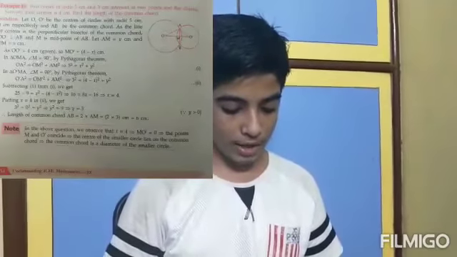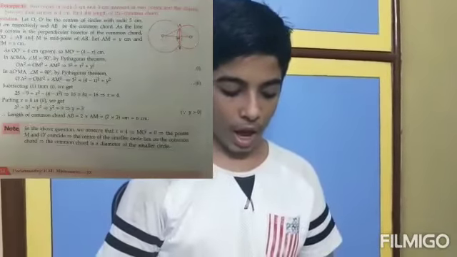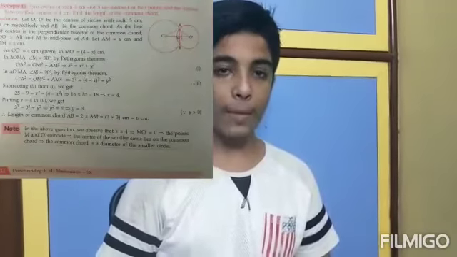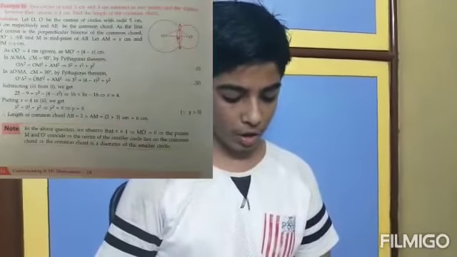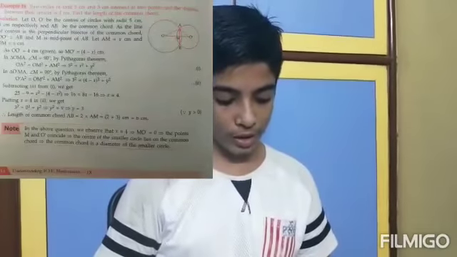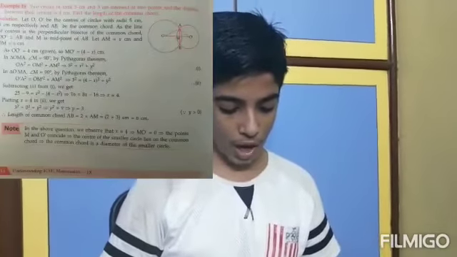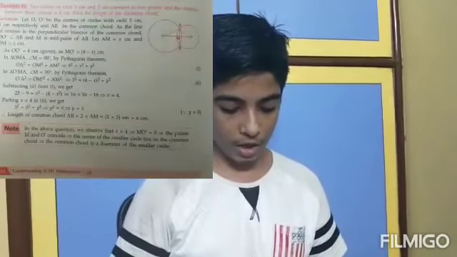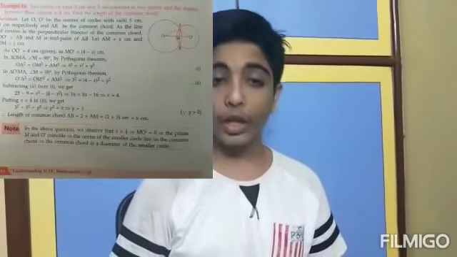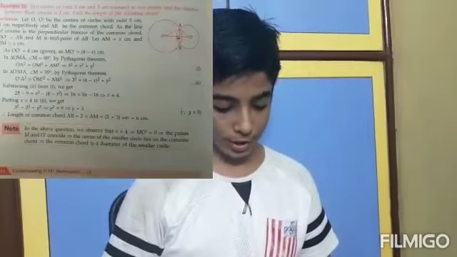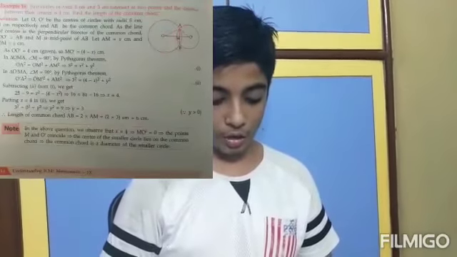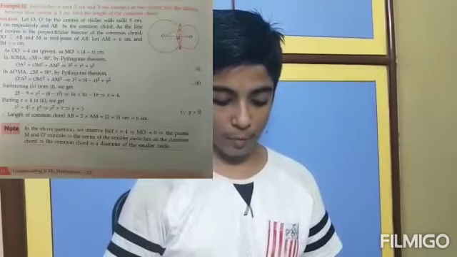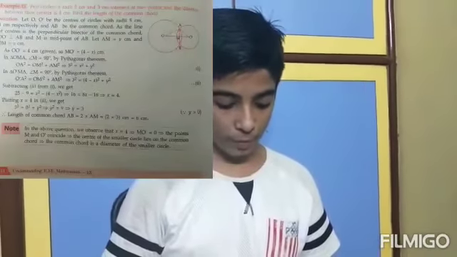In triangle O dash MA, angle M is also 90 degrees. By Pythagoras theorem, O dash A square is equal to O dash M square plus AM square, and we put the values in it. 3 square is equal to (4 minus x) whole square plus y square.